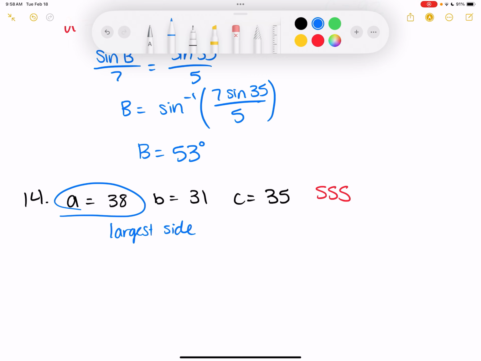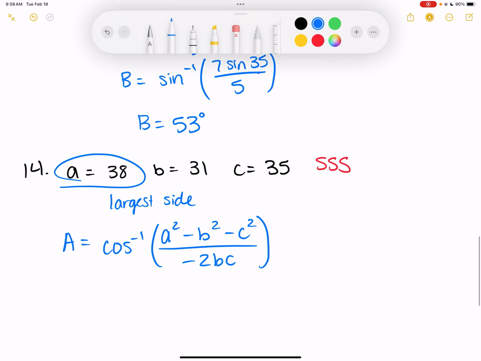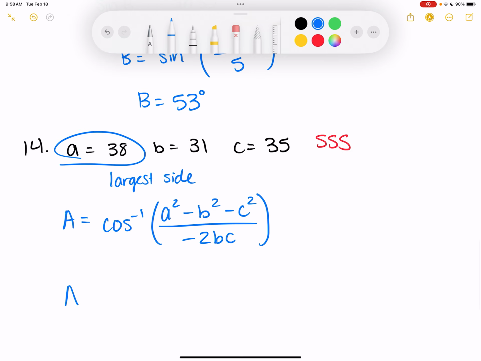So I can use the manipulated formula. A is the inverse cosine of a squared minus b squared minus c squared over negative 2bc. This one you're definitely going to want to work piece by piece.